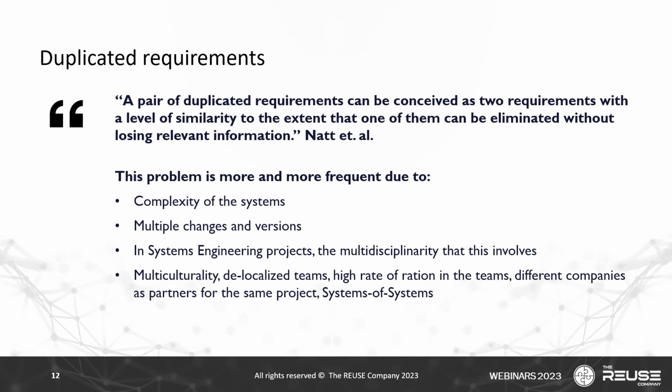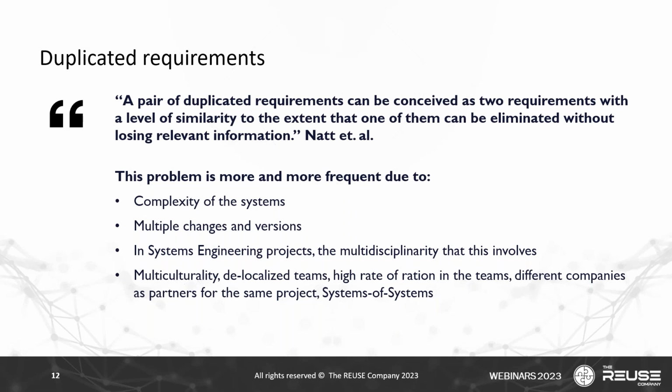So, of course, this problem is more and more frequent in our daily projects, basically due to different topics like the complexity of the systems that we develop, the multiple changes and versions, systems engineering projects that are pretty much multidisciplinary projects, right?